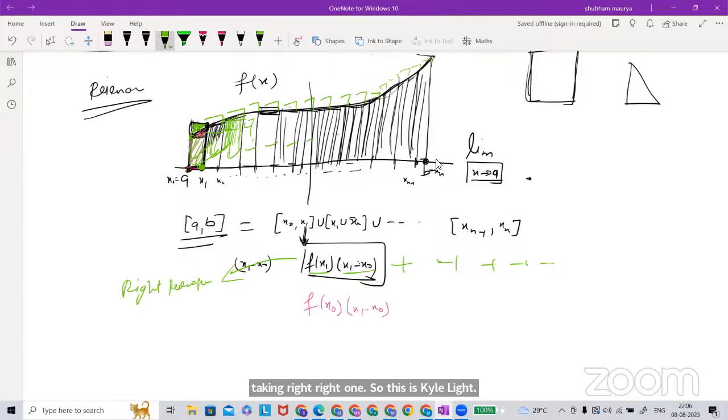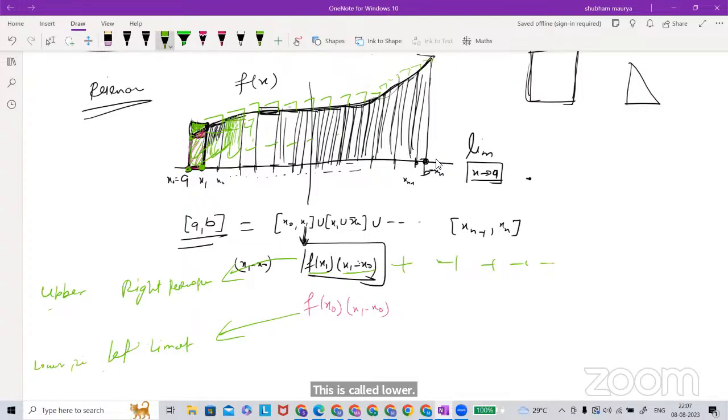If you are taking the left one, then this is going to be the left Riemann sum. In another way, this is called the upper Riemann sum, because you are taking the upper one, containing more area. This is called the lower Riemann sum, or left Riemann sum also.